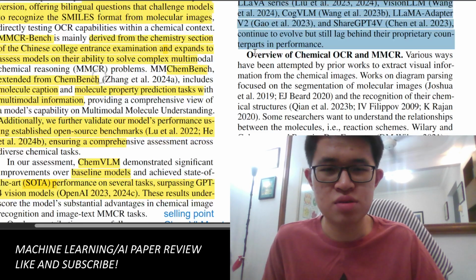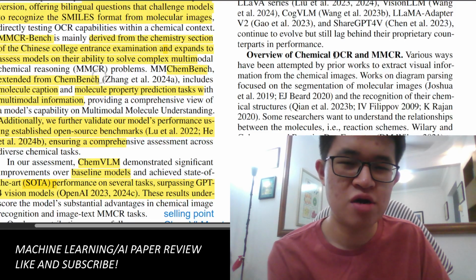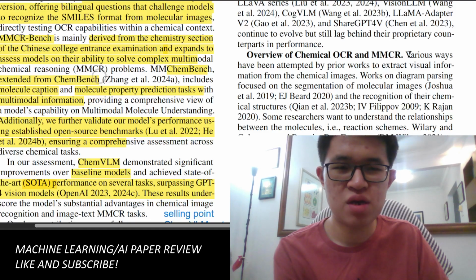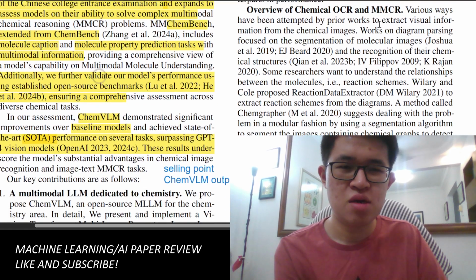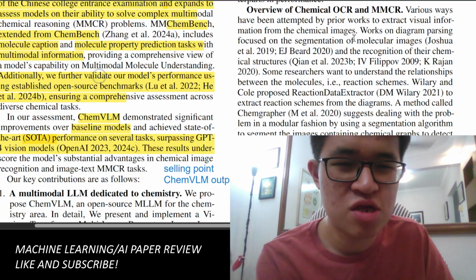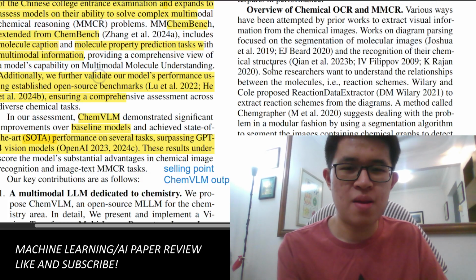Okay, let's do this. Overview of chemistry, OCR, optical character recognition, and reasoning. Okay, so there's a lot of work that has tried to extract visual information from chemistry tasks. Works on diagram parsing focus on segmentation of molecular images, right?